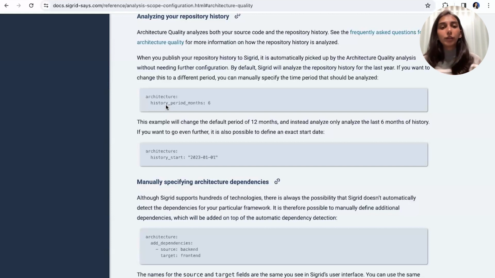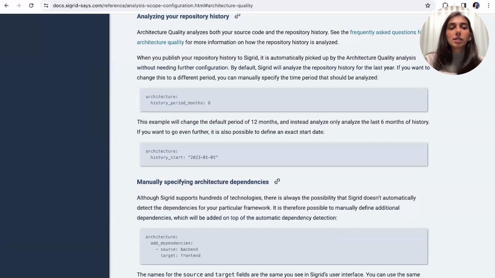So I'm more interested in an analysis that only relies on 6 months. I do not care about the whole year, because many people left and many new people joined. So I want to know what my current status is. And in that case, you can adjust this history period, and you can adjust it to 6 months or whatever you want.